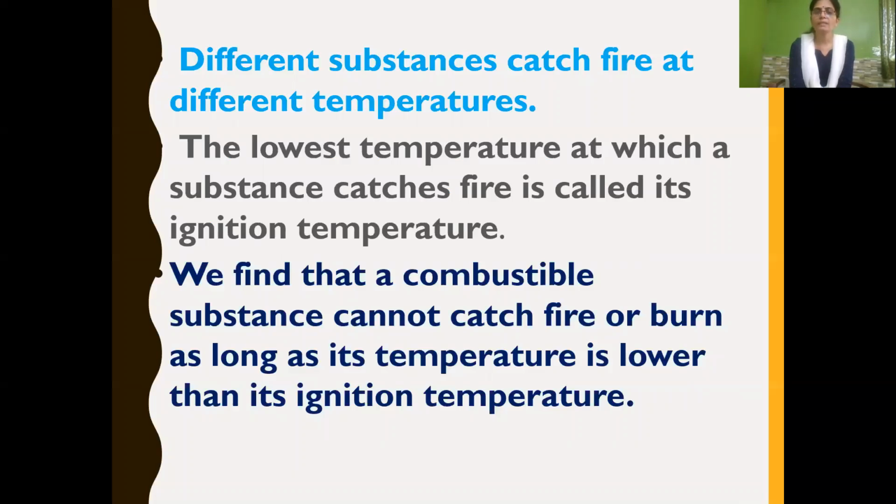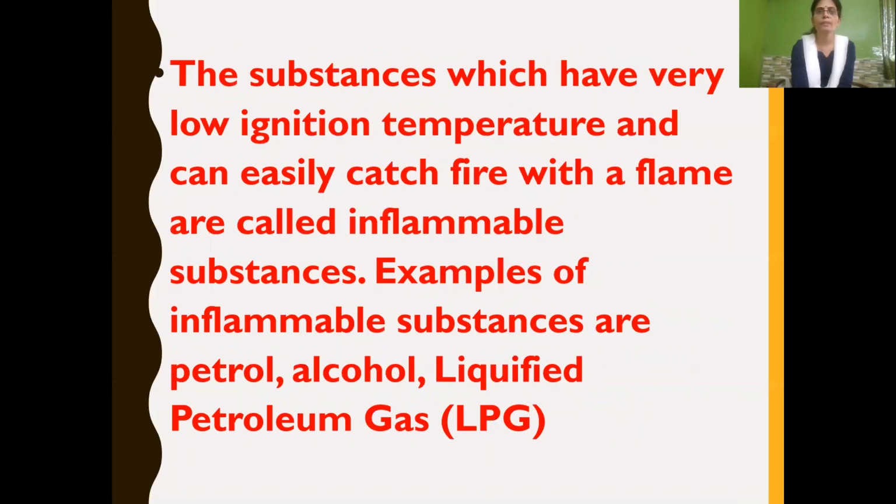Then we find that a combustible substance cannot catch fire or burn as long as its temperature is lower than its ignition temperature. The substances which have very low ignition temperature and can easily catch fire with flame are called inflammable substances.